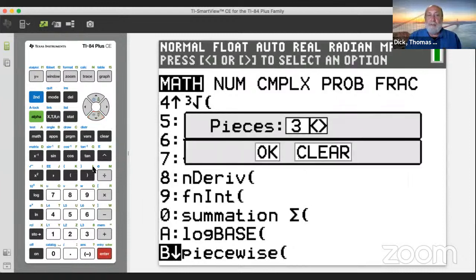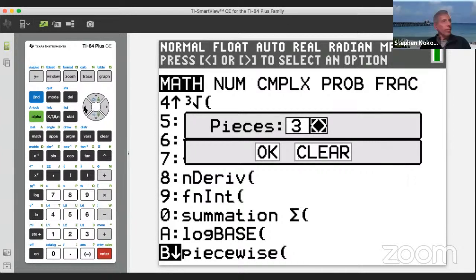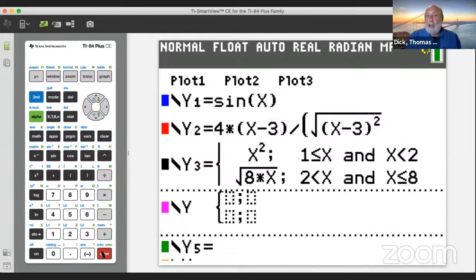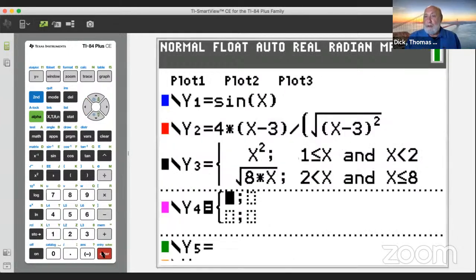And let's see, I think the first one I looked at had two pieces. It looked like part of a parabola, and then also a constant function. Right. So I think we just have two pieces, so I'm going to lower the number of pieces to 2. And then it gives me this nice little template for entering a piecewise defined function. Now I've done a little bit of side work here.